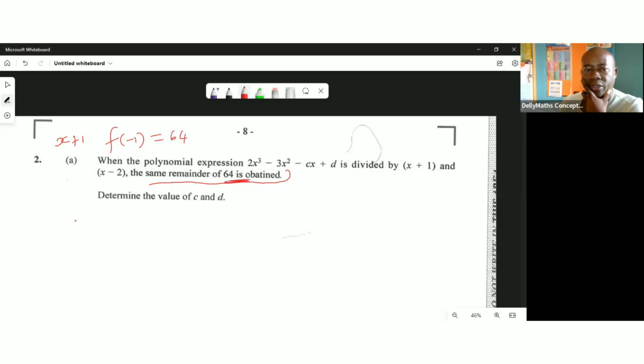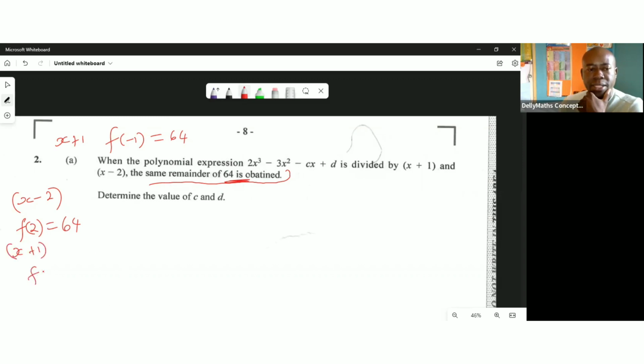Also, since x minus 2 was divided in the polynomial, if I evaluate f of +2, I will get 64. So we are gonna embark on this idea here.